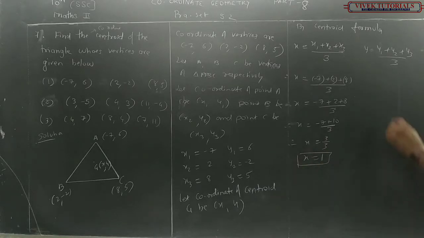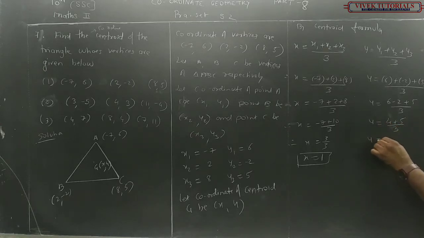And here y is equal to y1 is 6, y2 is -2, plus 5 upon 3. y is equal to (6 minus 2 plus 5) upon 3. y is equal to (4 plus 5) upon 3. y is equal to 9 upon 3. y is equal to 3.